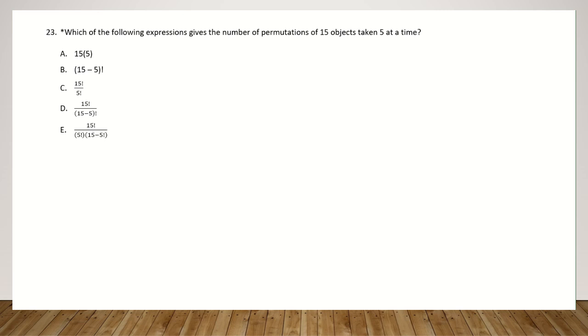So like, if you had the word flower and you want to know how many different permutations of the letters in the word you could make, that's switching around the order, right? How many different ways can you switch around the order of the letters? And there's a whole bunch of different ways, okay?